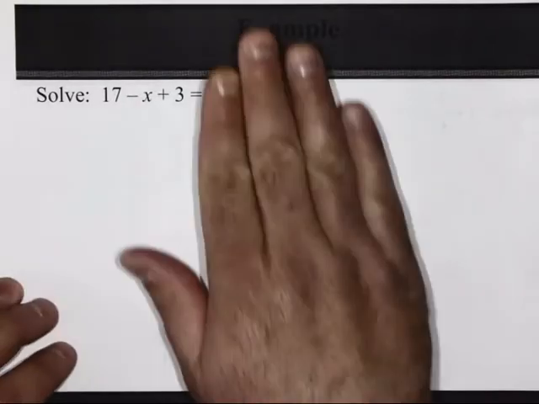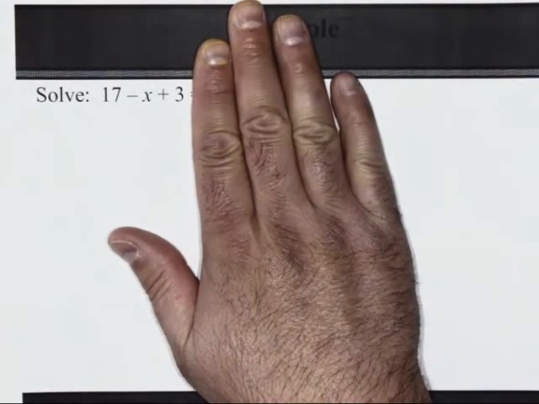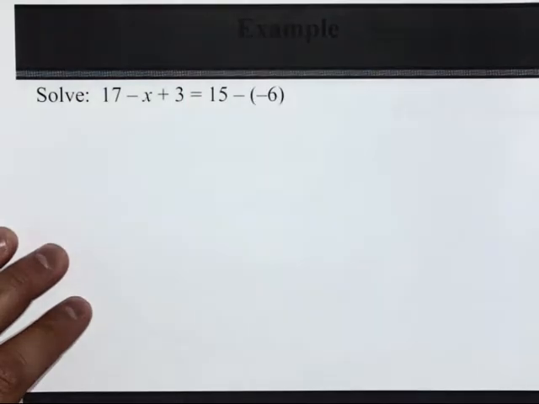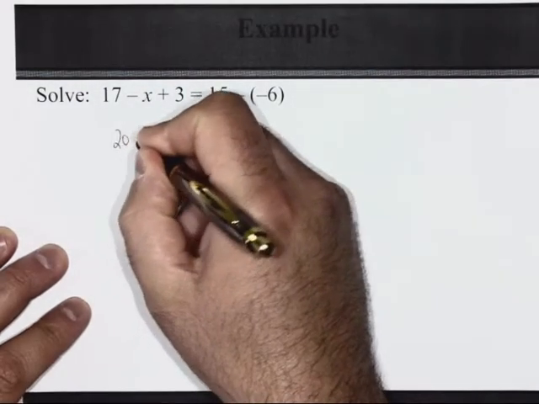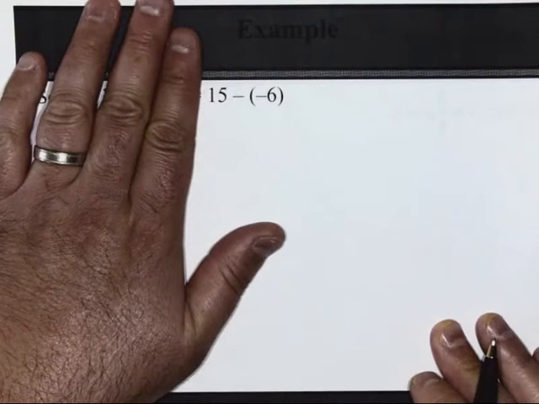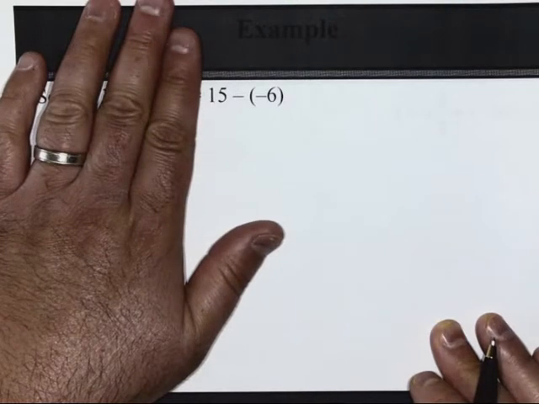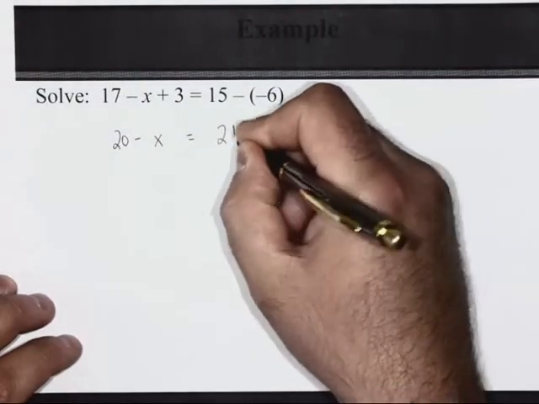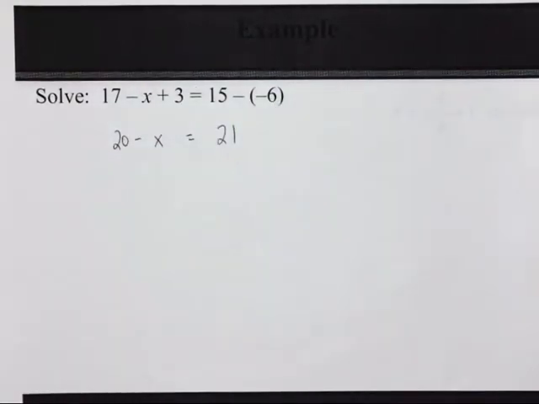So if I cover up the left hand side, I've got like terms, right? 17 and 3, 20. The right side, I've got like terms, 15 minus negative 6 is going to give us 21. Okay, so that's the simplifying part. Now I want to isolate x. So I want to use my adding, subtracting inverses.